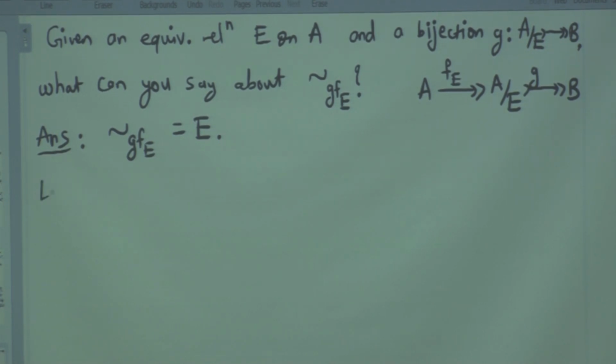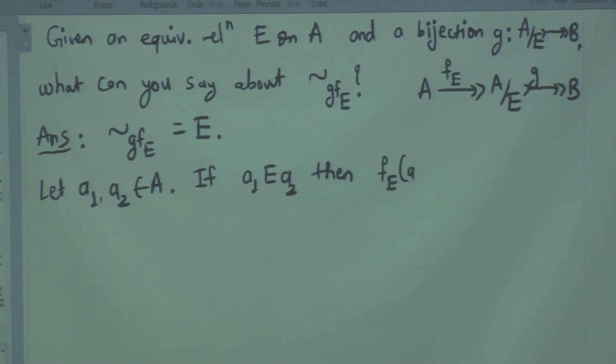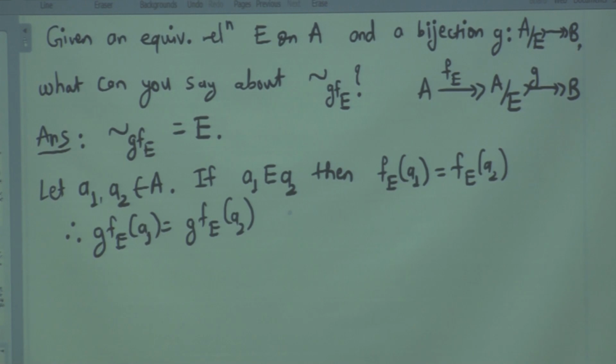If you are confused, let A1 and A2 be in A. Then if A1 is related to A2, what can you say about Fe of A1 is equal to Fe of A2, and therefore GFE of A1 is equal to GFE of A2, and therefore A1 is GFE related to A2.